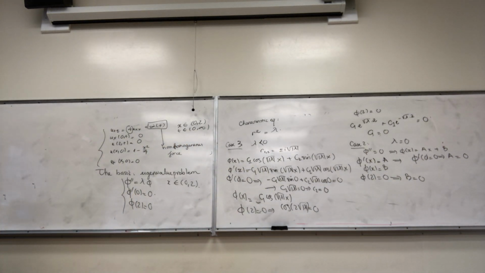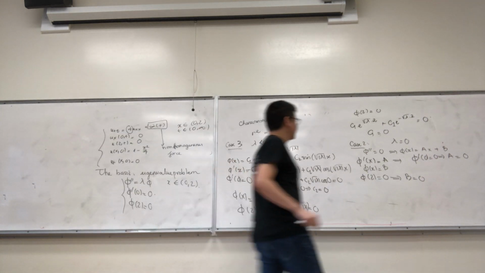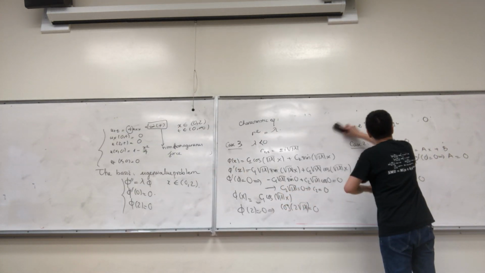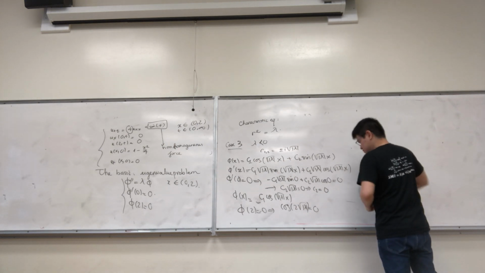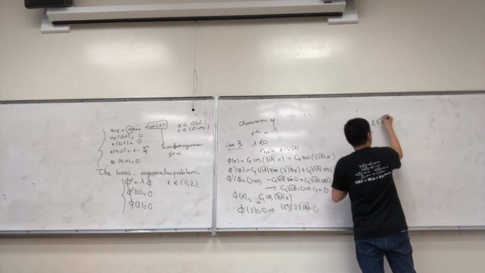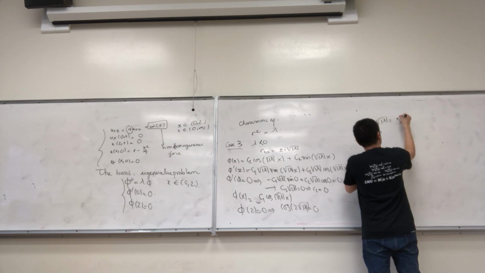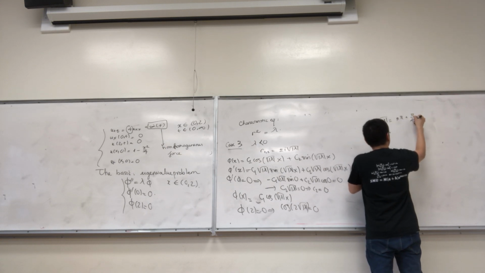What is the value of lambda? It's negative n pi over 2 plus pi over 4, squared. So 2 square root of lambda is n pi plus pi over 2.